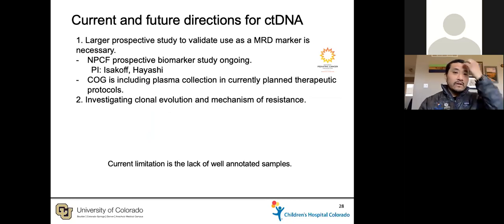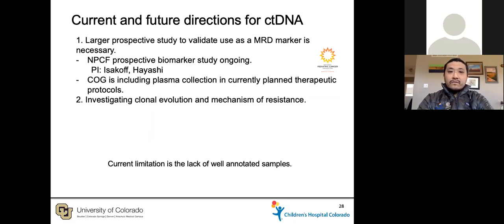So the current and future directions of these approaches: including our group, there are multiple pilot studies that have been done. The platforms are there. The assays are pretty much automatically designed. So we really need a larger prospective study to validate the use as an MRD marker.